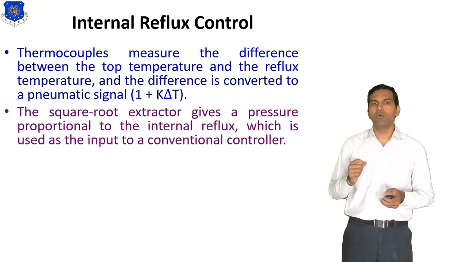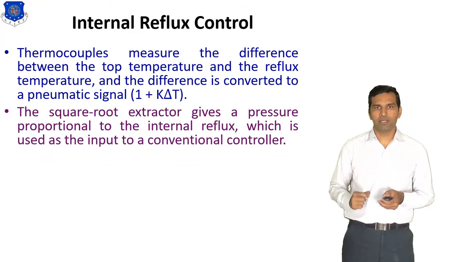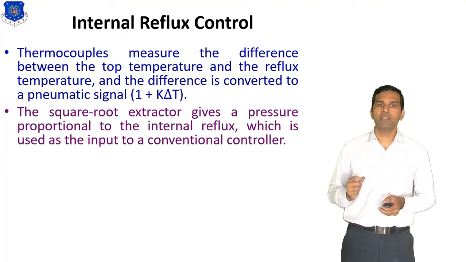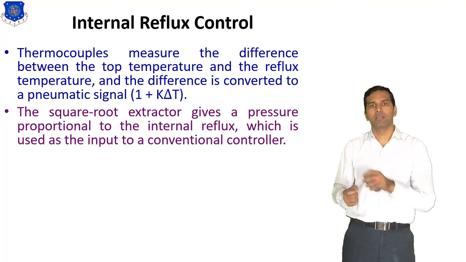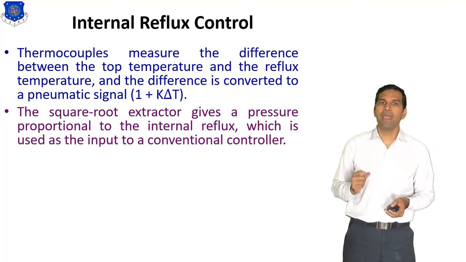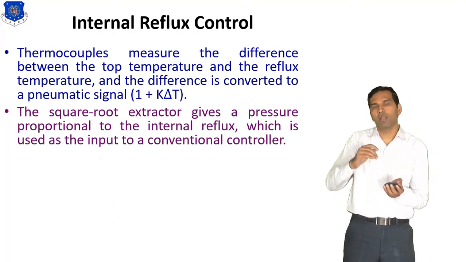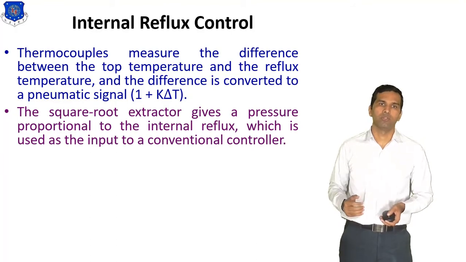The square root extractor gives a pressure proportional to the internal reflux, which is used as the input to a conventional controller.